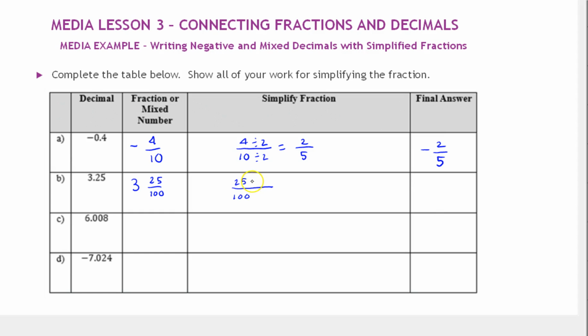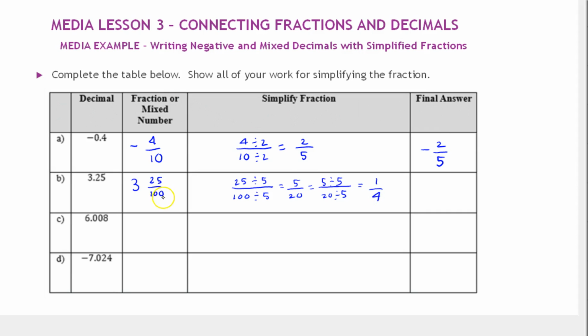They're both divisible by 5. So I'll divide them both by 5, and I have 5/20. And they're still both divisible by 5, so I'm going to simplify more. And at the beginning, you may have noticed they're both divisible by 25. If you see that, that's fine. 5 divided by 5 is 1. 20 divided by 5 is 4.